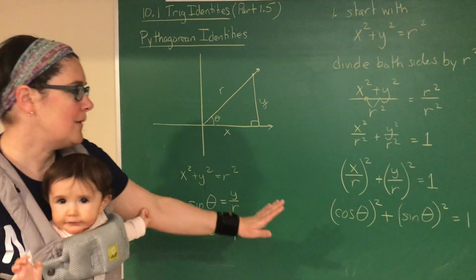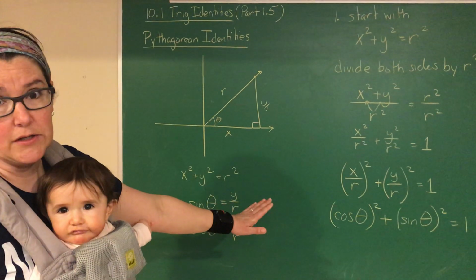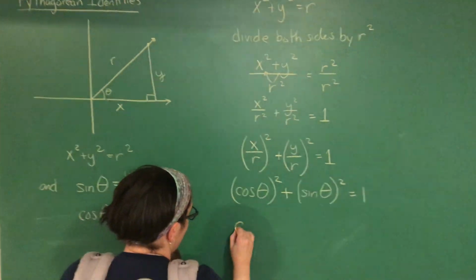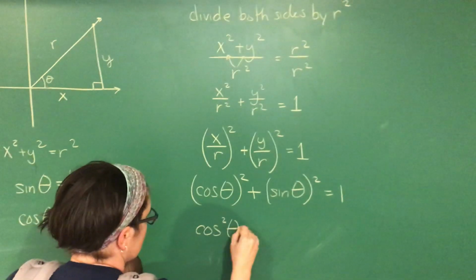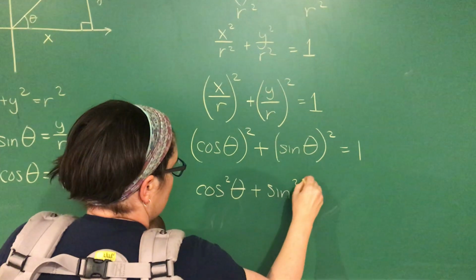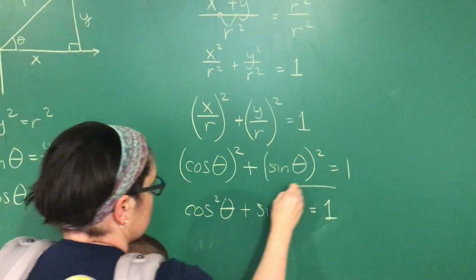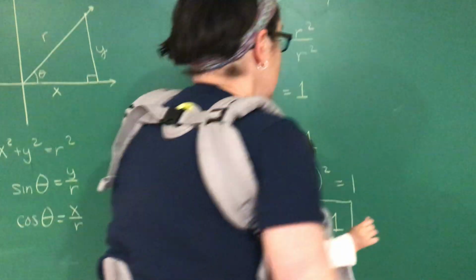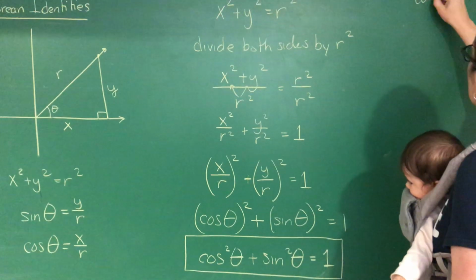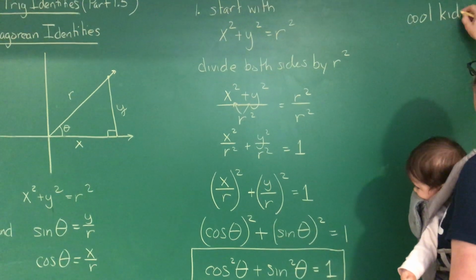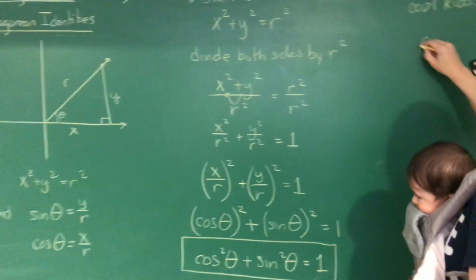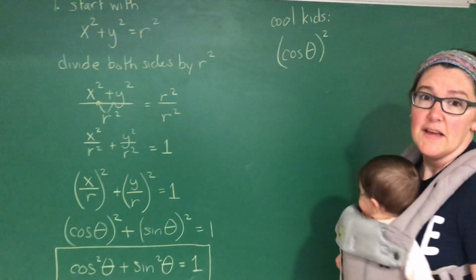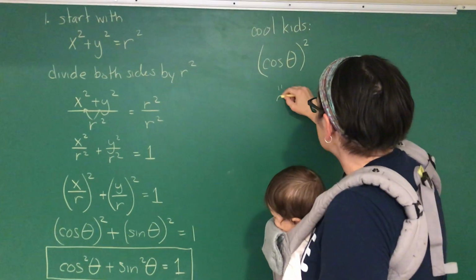Okay. Now, we're not quite done because this is not how the cool kids will write this. The cool kids will write this as cosine squared theta plus sine squared theta equals 1. Okay? So when I'm thinking about all the cool kids, what the cool kids are doing is the cool kids do not write cosine of theta with parentheses and square it, because that's a lot to write.